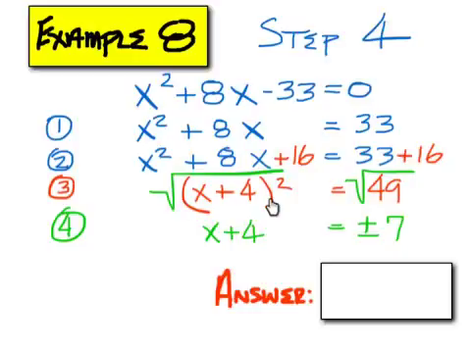Now you need a quantity squared of your x term, the sign from the middle, and half of the middle term, x plus 4. 33 plus 16 is 49. Part of step 4 has been written on step 3, which is to find the square root of both sides. The square root of this is simply x plus 4. And then on the right, the square root of 49 is plus or minus 7. This is all you need to bring up for step 4.